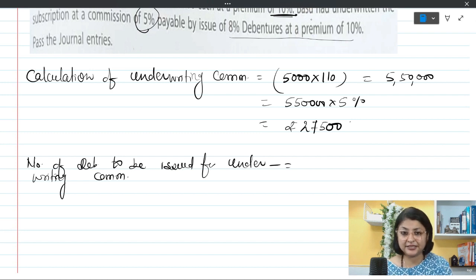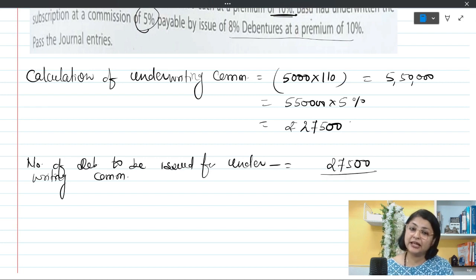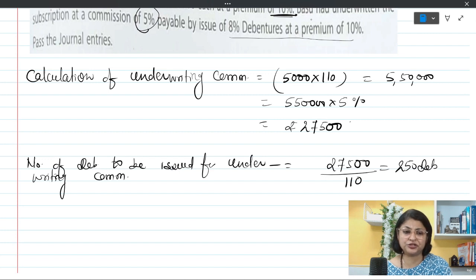We will write PC, meaning purchase consideration, which is going to be the underwriting commission over here, and IP, meaning issue price, is going to be 110 rupees over here. So you have issued debentures to the underwriter, who is Basu, at 110 rupees each debenture. So the number of debentures is coming here as 250 debentures. Okay, this is a preliminary work which you must always do before starting the question.